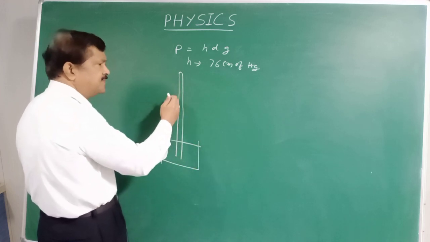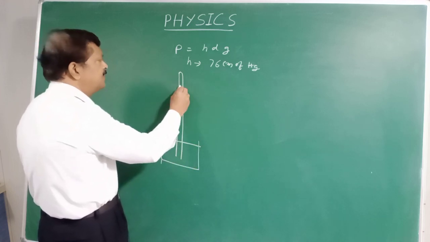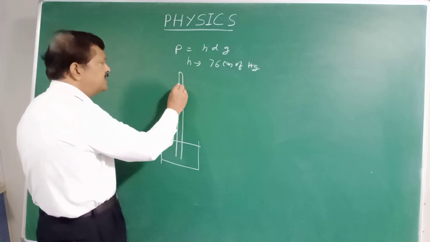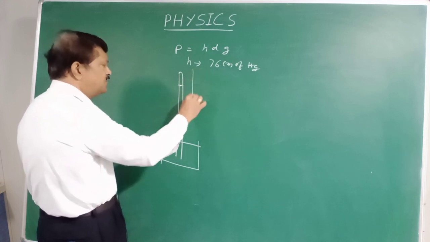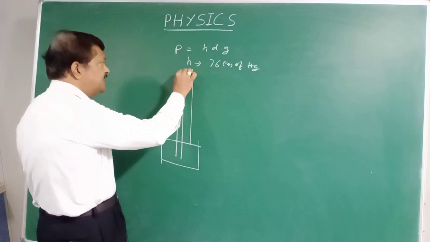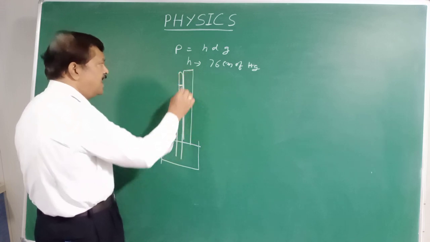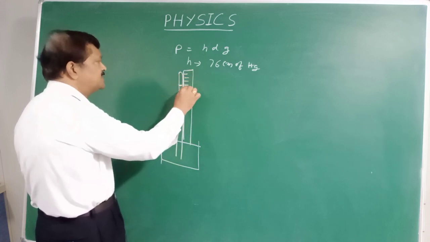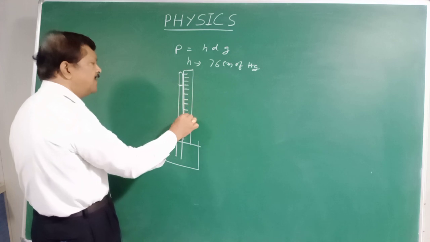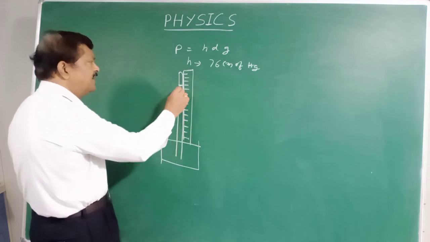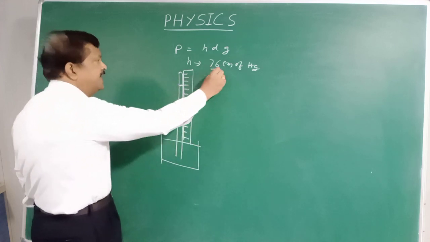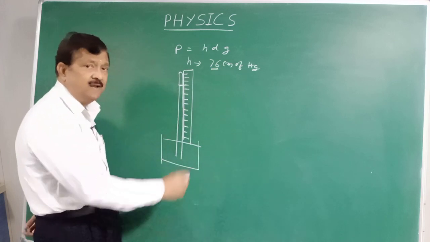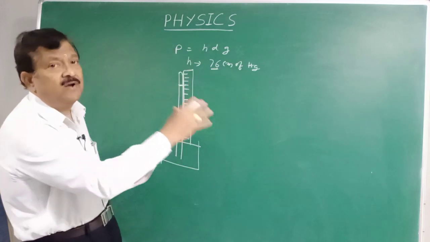Mercury will be rising, suppose mercury is here. To measure the level of mercury, we use a scale associated with it. On the scale you will have markings. So by measuring the mark of the level of mercury on the scale, we give the reading of the atmospheric pressure in terms of the height of the mercury column.